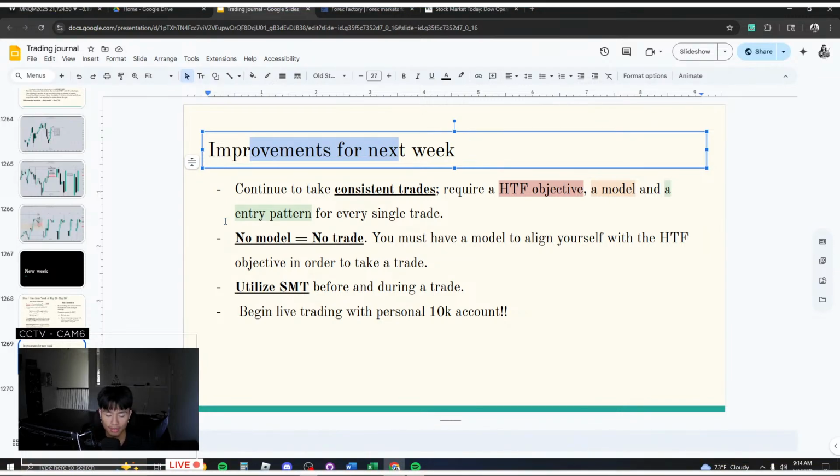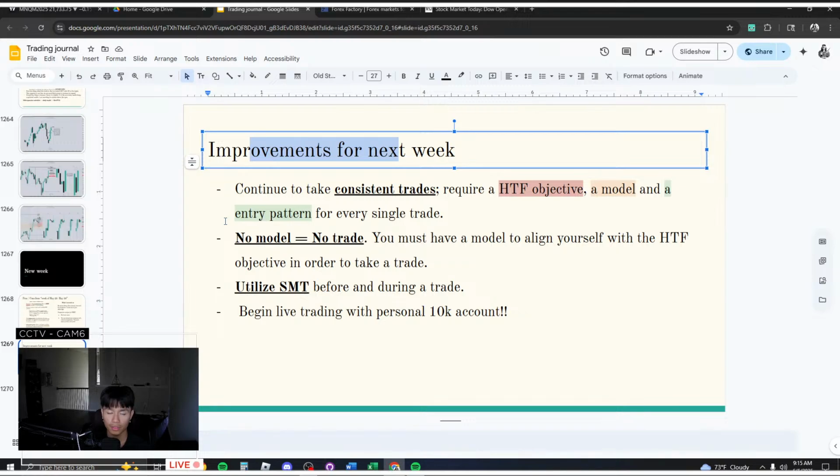Third, utilize SMT before and during a trade. Before, if there is SMT, then I might consider not taking it at all or taking a smaller position. And if there's a lack of SMT before my trade, then that gives me more of an incentive to take the trade, right?